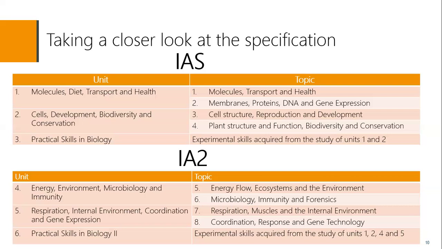We will consider the biological knowledge and understanding in the specification. We will not be looking at every specification point. There are 170 different points in the specification. Rather, we will consider how the specification is organised and how to interpret the specification.